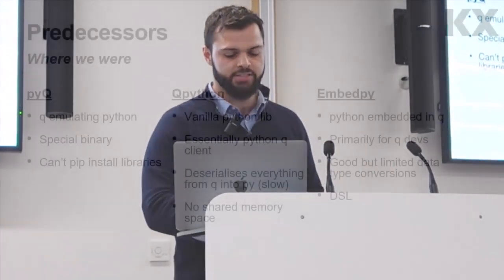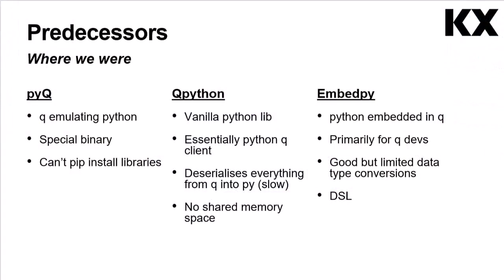And then lastly, and probably most significantly, came EmbedPy, which was really a solution to provide the Python infrastructure and the Python library and language in q. So you ended up being able to write what I would call a weird DSL that is Python that works in q, but it looks a lot more like q code than Python code.